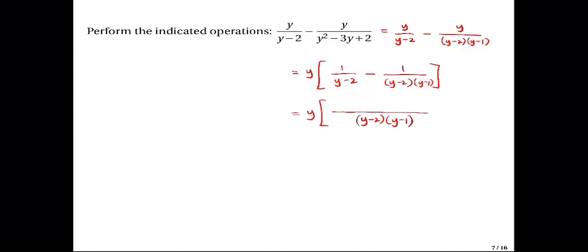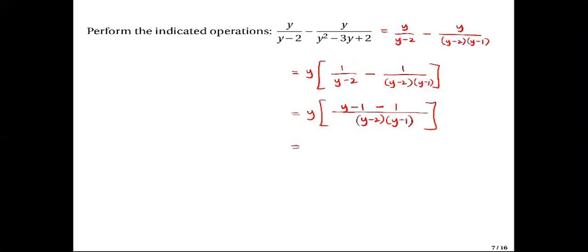And then for this one here, we only have y minus 2, but we need the y minus 1, so we multiply y minus 1 in the numerator. So we'll just have y minus 1 there. And then minus, for this expression, the denominator is already y minus 2 times y minus 1, so we'll just copy the numerator, which is just 1.